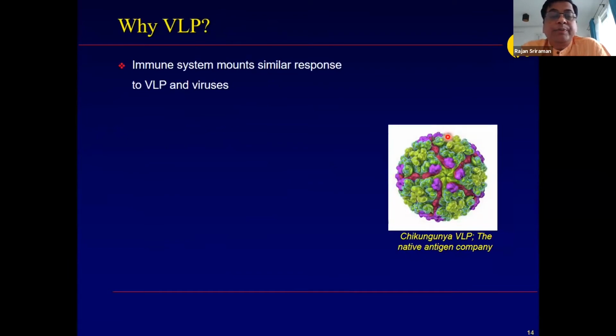First of all, the immune response mounted by a VLP and a virus are very, very similar. Not every virus can be cultured in vitro or also on an industrial scale. And the example for that is human papillomavirus. It infects the keratinocyte layer.